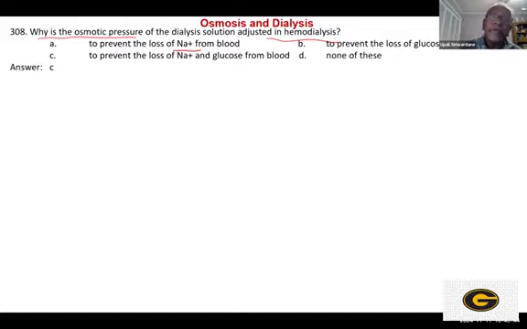Prevent sodium and both. It removes glucose, to prevent loss of sodium, prevent sodium loss and glucose loss. But the urea is fast.